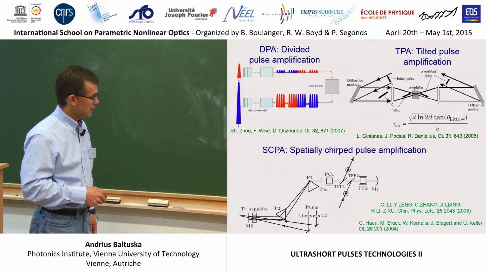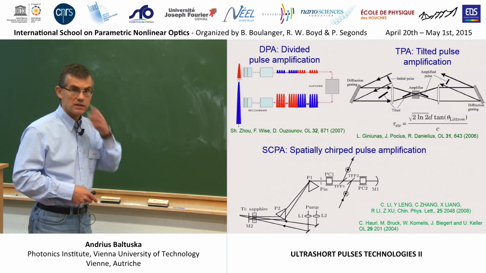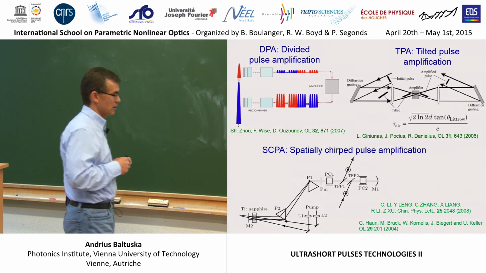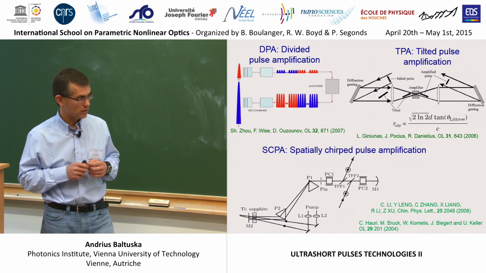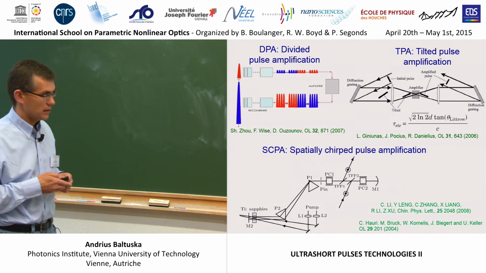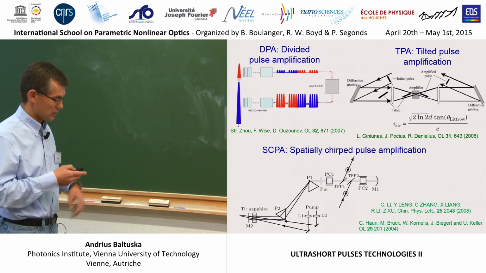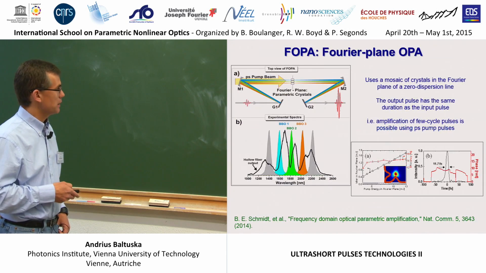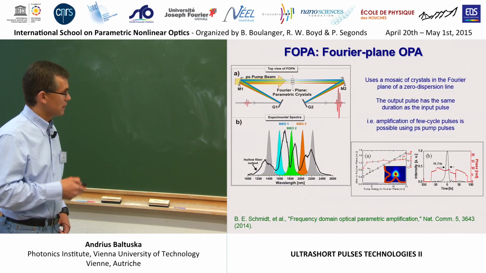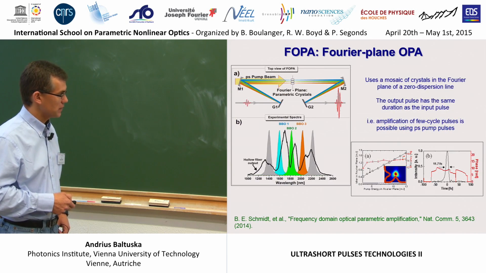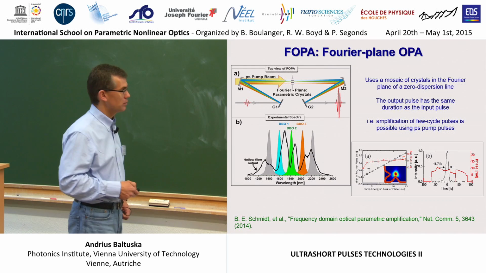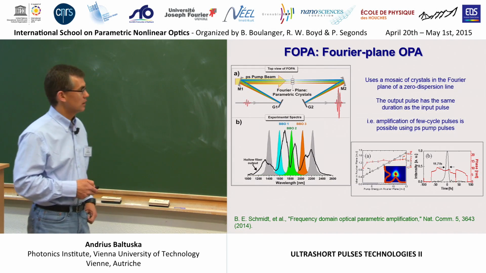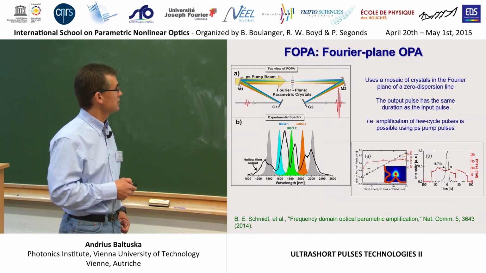And that means that every frequency component now sees its own amplification spot. That was extremely popular about a decade ago in lasers. And then sort of the idea faded away until last year when Francois Legarret and Bruno Schmidt have applied it to parametric amplifiers. So Paul Corkum mentioned that a little bit.